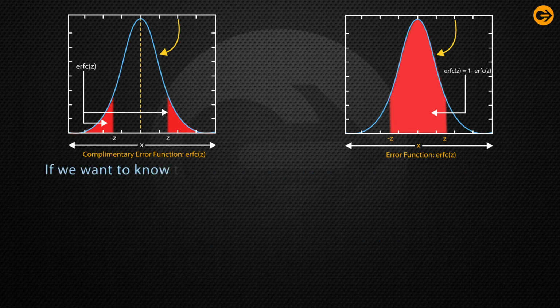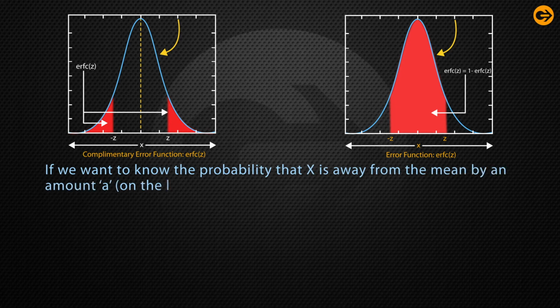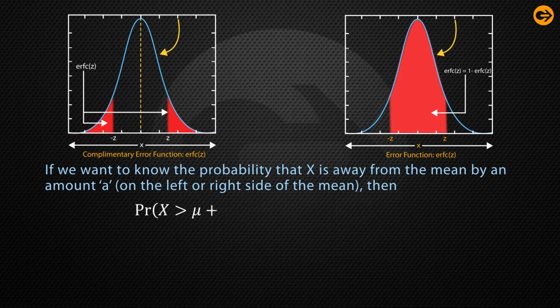If we want to know the probability that X is away from the mean by an amount a, then the probability that X is greater than mu plus a is equal to the probability that X is less than mu minus a, which is Q(a by sigma).